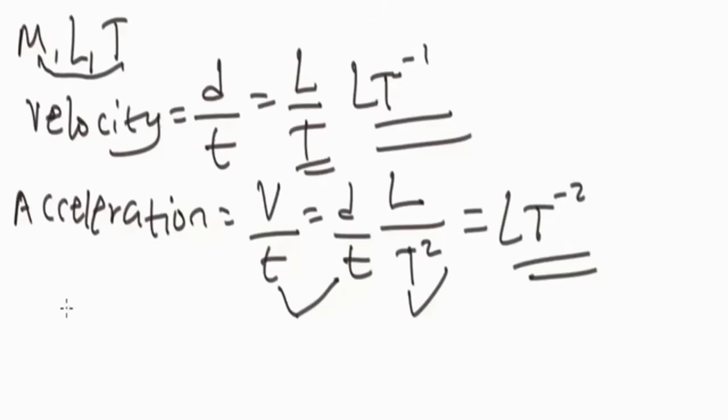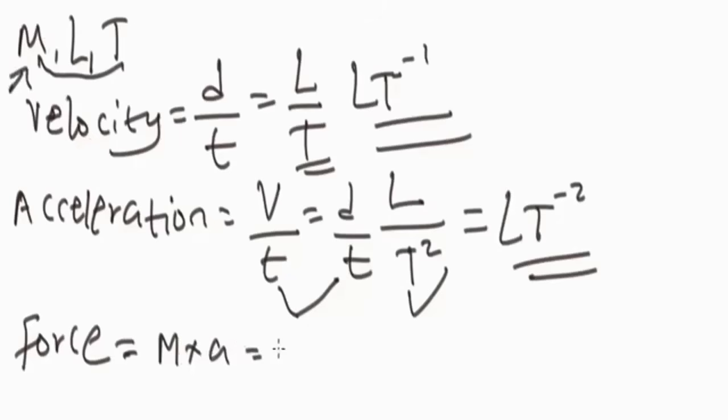Alright, so what if we are asked to find the dimension of force? What would be the dimension? Force is calculated using mass times acceleration. Since mass is relating to this, the mass will remain the same. So we have mass times acceleration. The dimension of acceleration here, we have it to be length per time square.